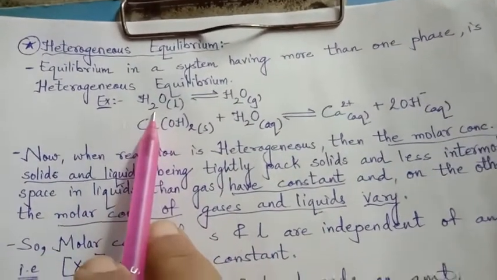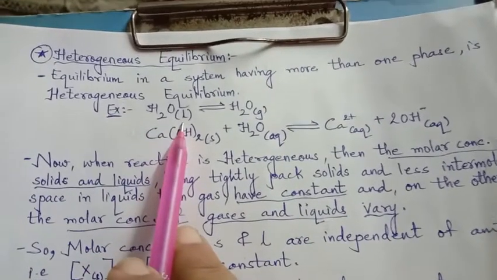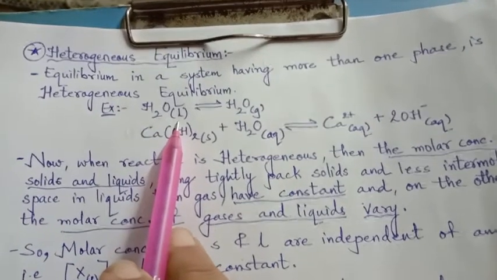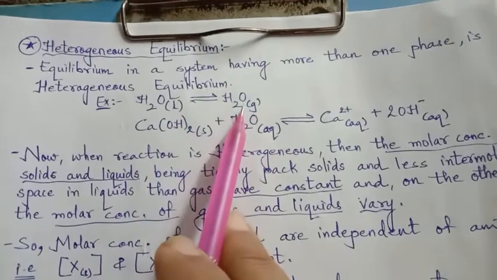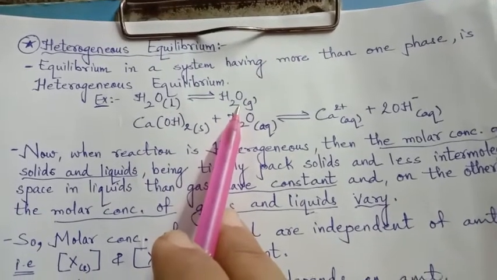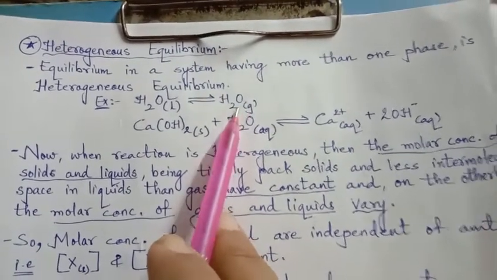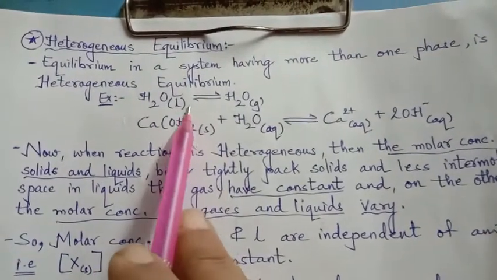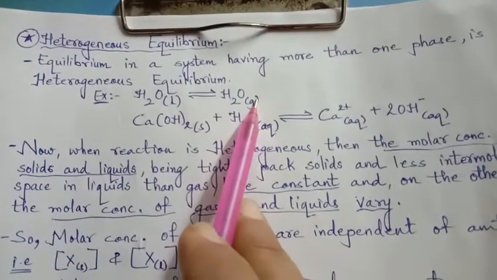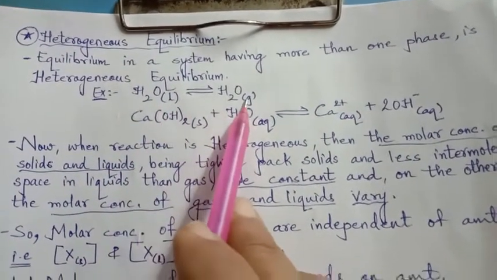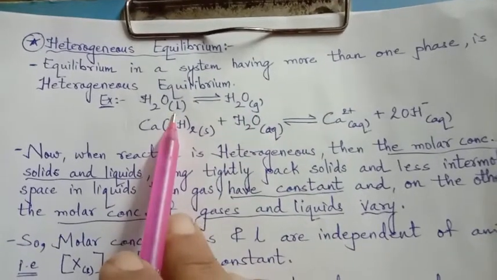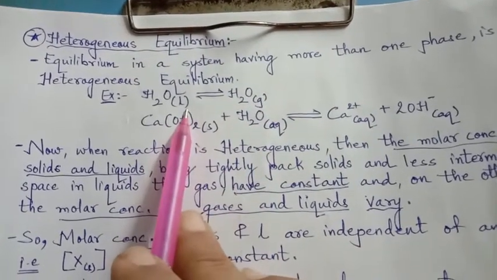So here you see H2O in liquid form. When heat is given, it gives a product, H2O vapor, that is gaseous. So from liquid to gaseous, the states are changed. The product is gaseous whereas the reactant is liquid.